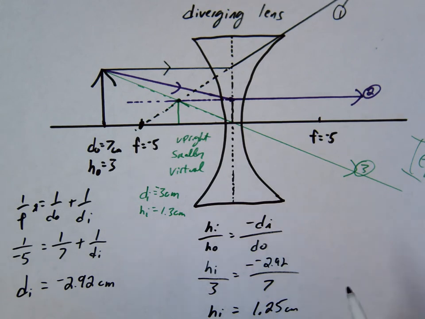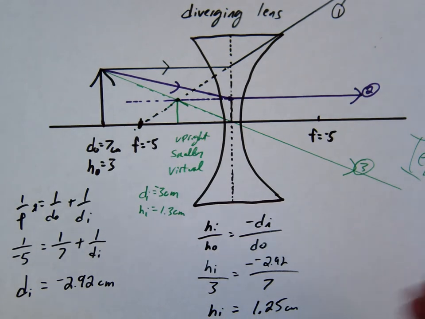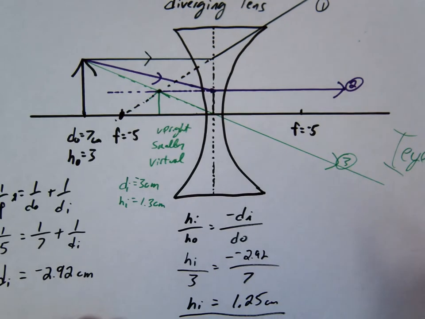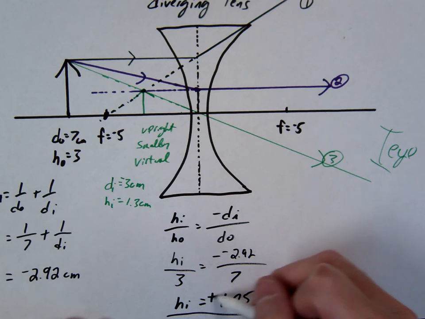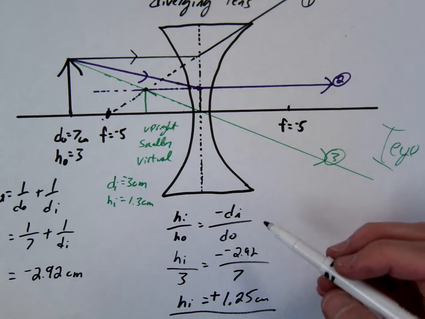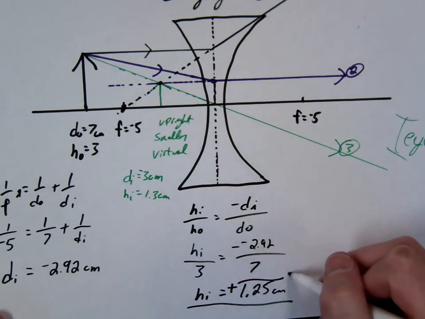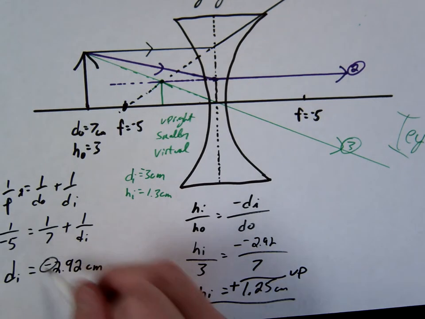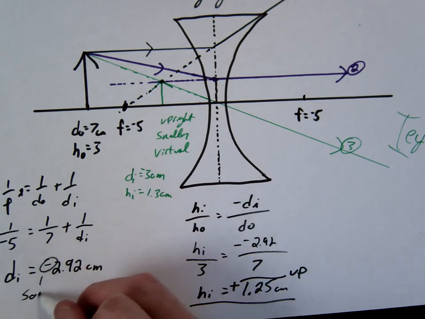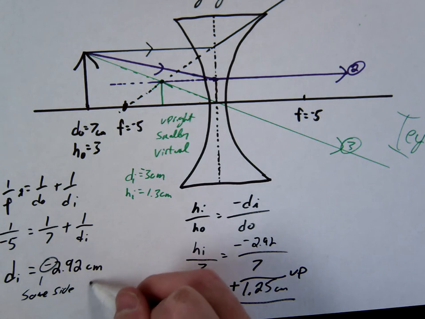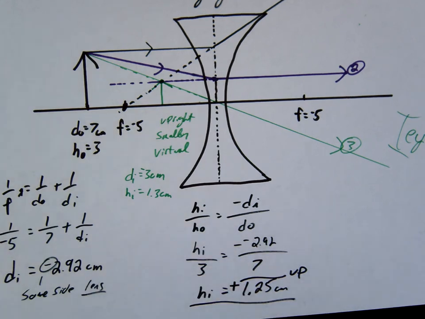Okay, 1.2, 1.3, 1.25-ish. And it's positive, right? What's the meaning of positive? Upright. So that means up. And then what was the meaning of a negative DI? Same side. So remember, for lenses, same side is negative, and positive would be on the opposite side.